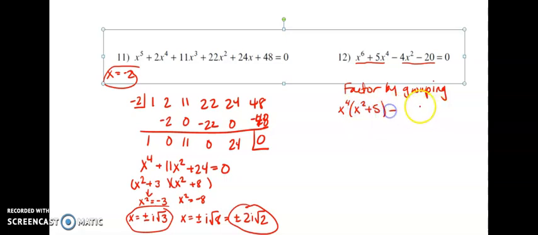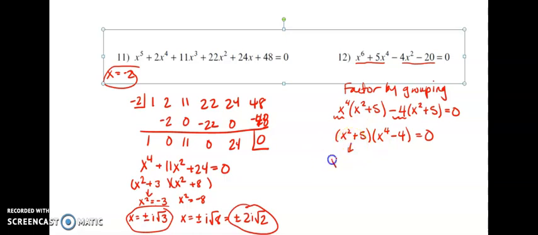And we went over this in our little conference today if you joined. The second 2 terms have a -4 in common. And then what you notice is that your parentheses are the same. x squared plus 5 is the greatest common factor between those 2 terms, leaving you with x to the fourth minus 4 as the non-common factors. That's my common factor, which is why I can list it here.